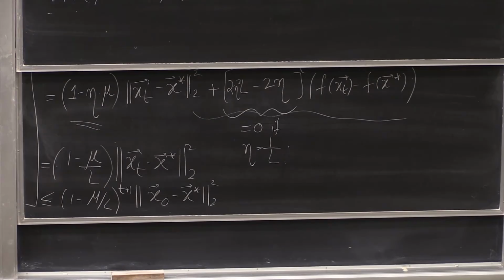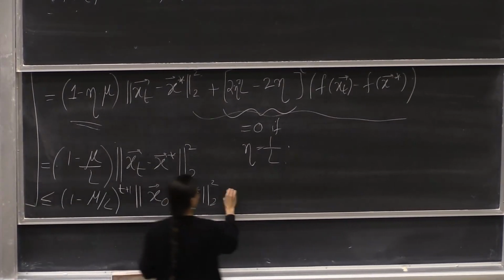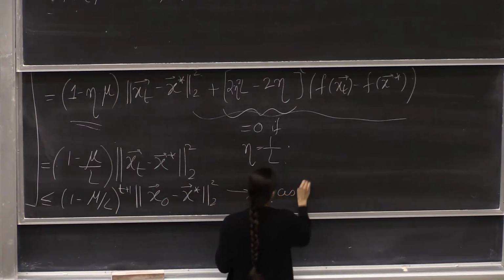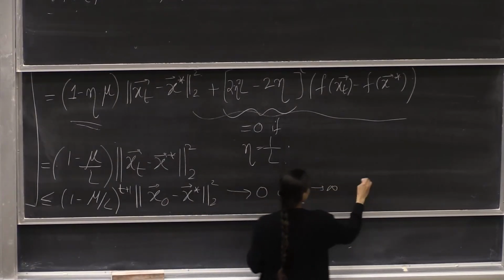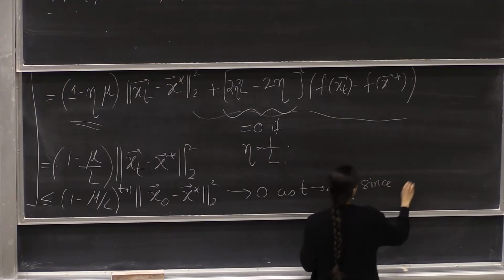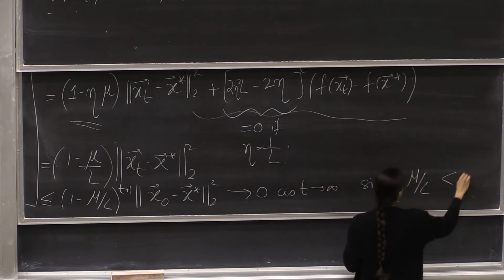So 1 minus mu over L is always going to be something with absolute value less than 1, which means that this thing is always going to converge to 0. How convenient. Okay? So this says that therefore this will converge to 0 as t goes to infinity, since mu over L is less than 1.